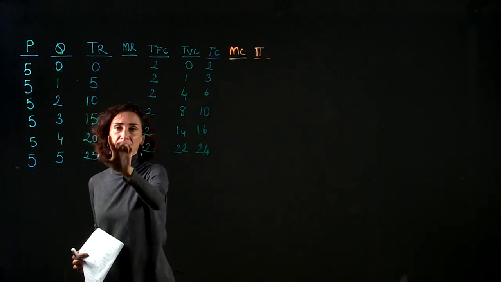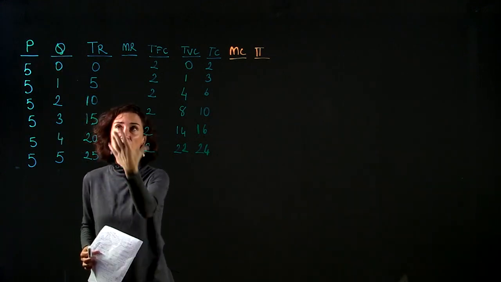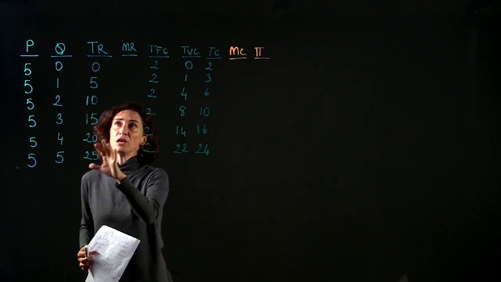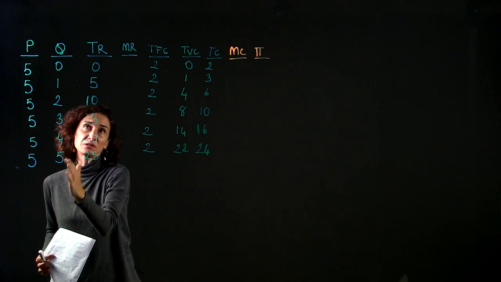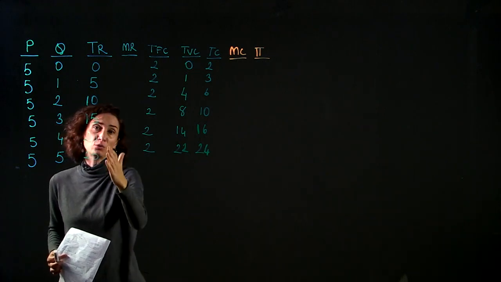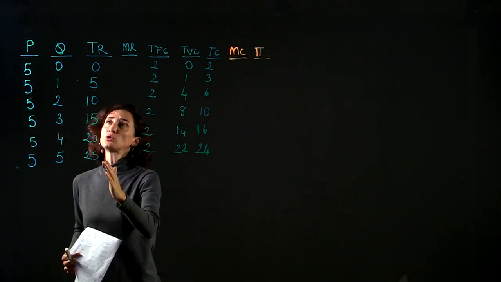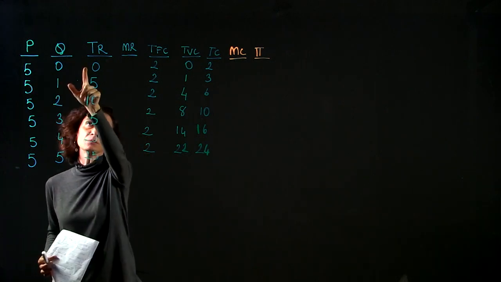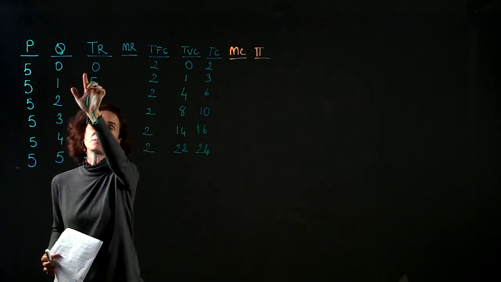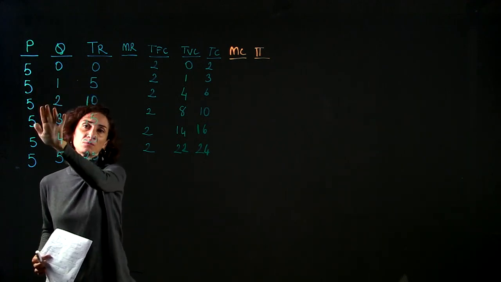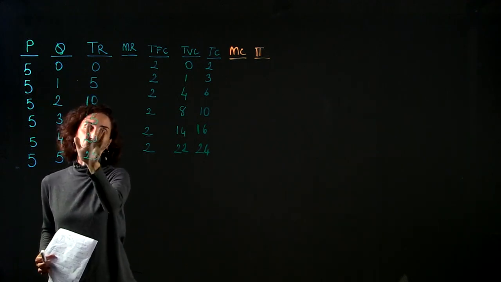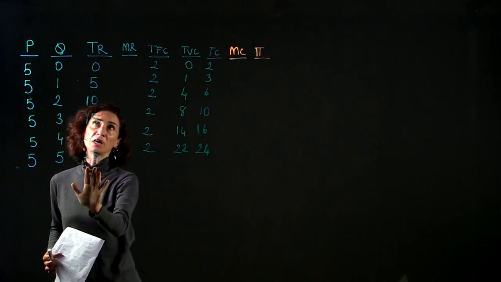I didn't have to give you the numbers on this graph. If you are given price and quantity, you can find total revenue yourself. Total revenue: 5 times 0, because it is selling nothing, is 0. 5 times 1 is 5. 5 times 2 is 10. 5 times 3 is 15, and it goes like this.